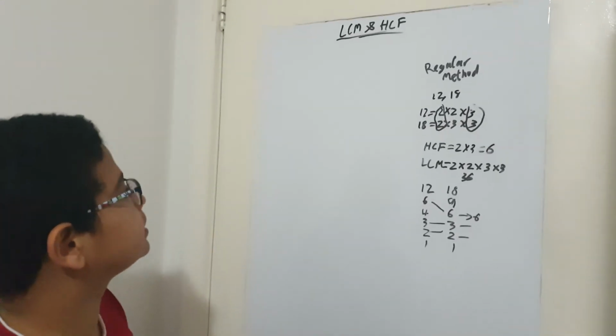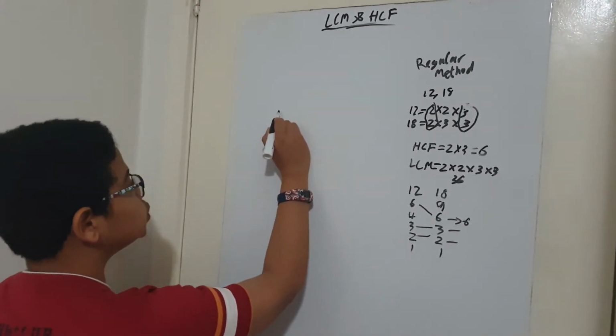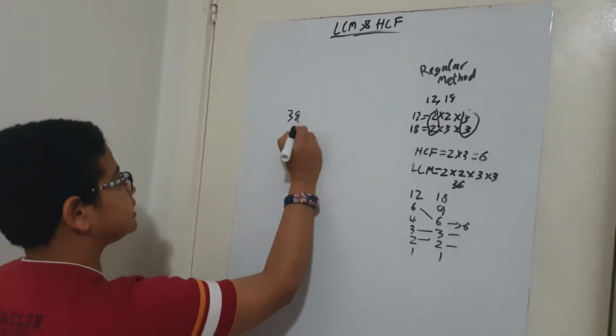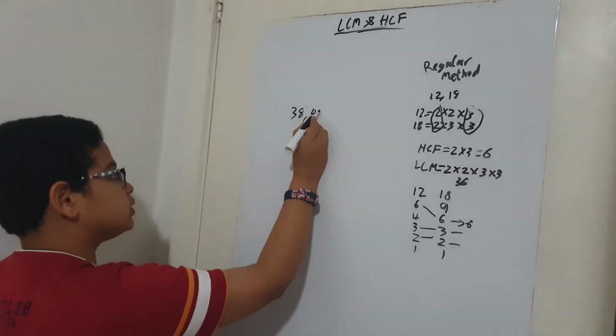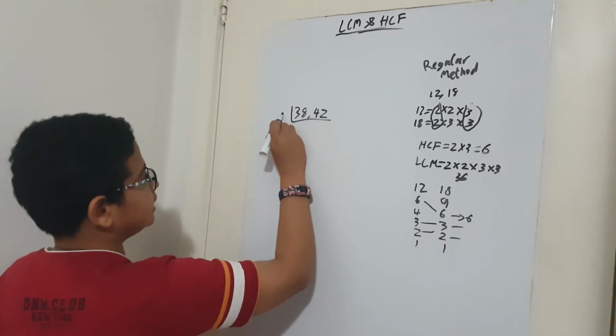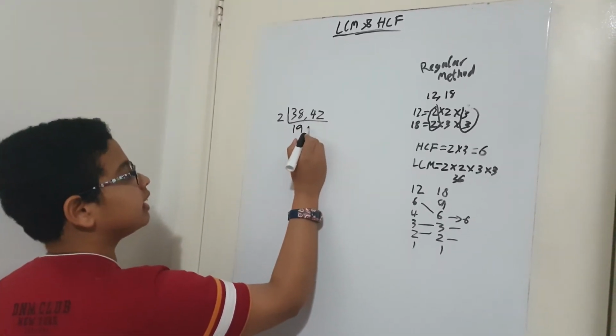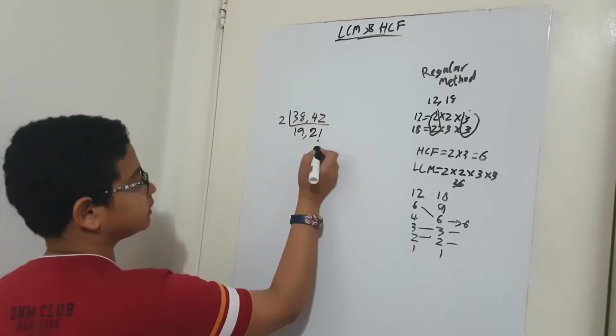Okay, so now let's do another number. Let's do 38 and 42. Okay, so instantly I see 2, so that's just going to be 19 and 21.